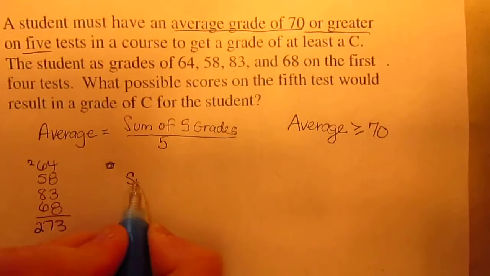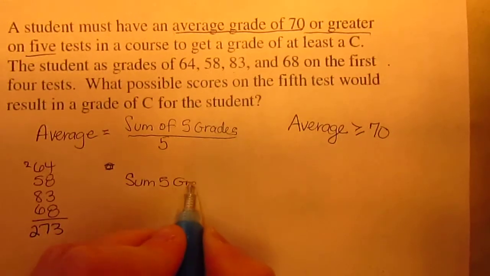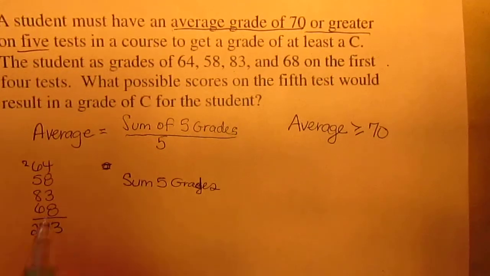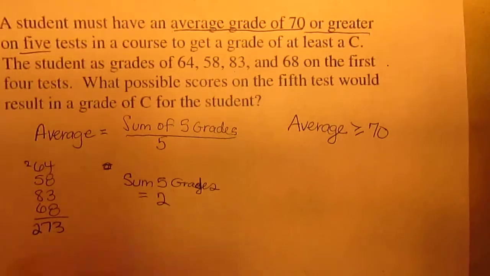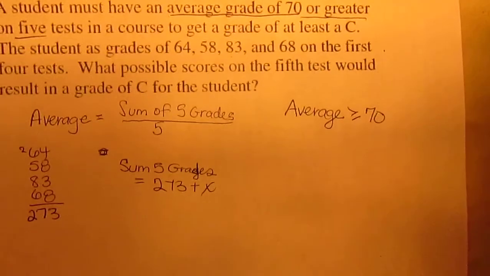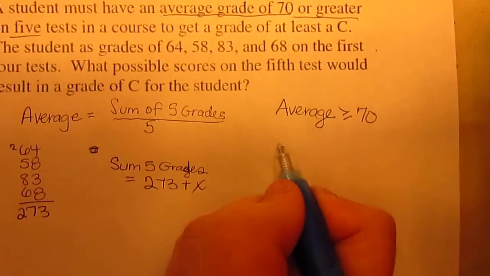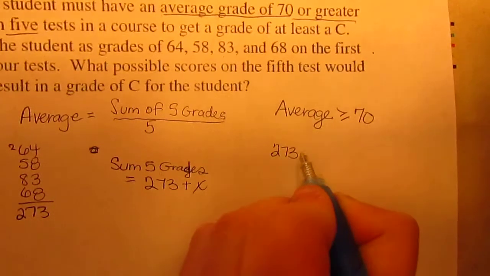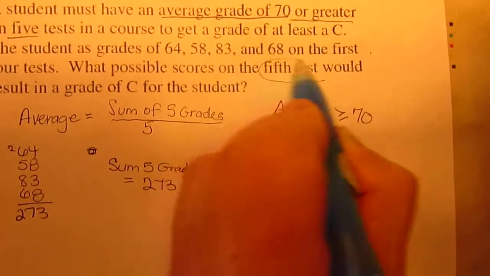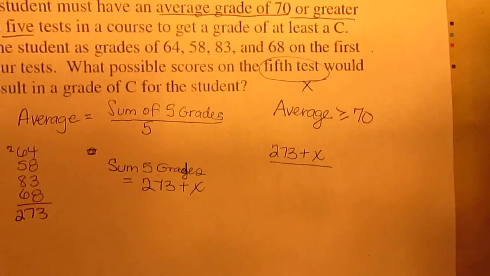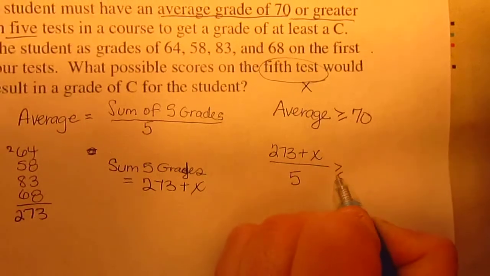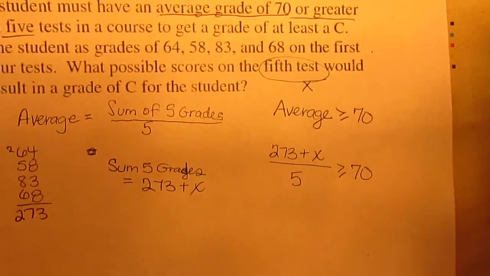So the sum of the 5 grades equals the sum of the first 4 plus the last grade. So the average that this person is going to have is 273 plus the 5th grade, which we're going to call X. The score on the 5th test is an X, and we're going to divide that by 5. That number, whatever that is, needs to be greater than or equal to 70.